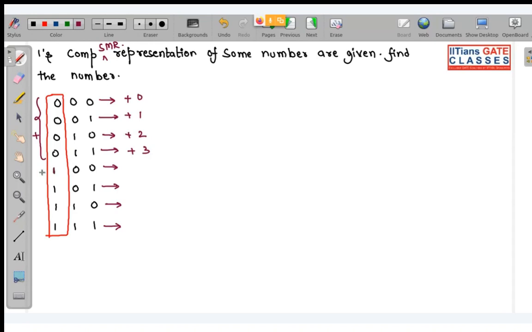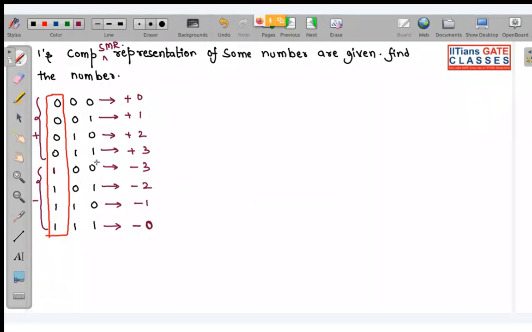What about this one? From here to here, this is your negative number. And if this is your negative number, you need to take 1's complement once again. I am directly writing over here -3, -2, -1 and -0.